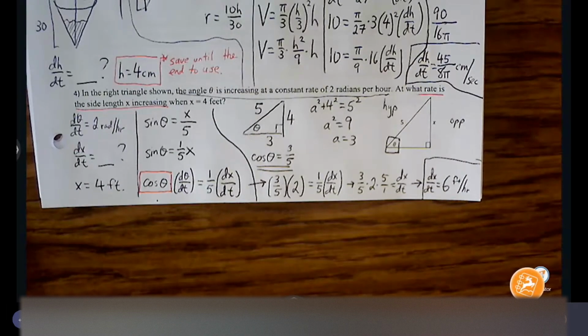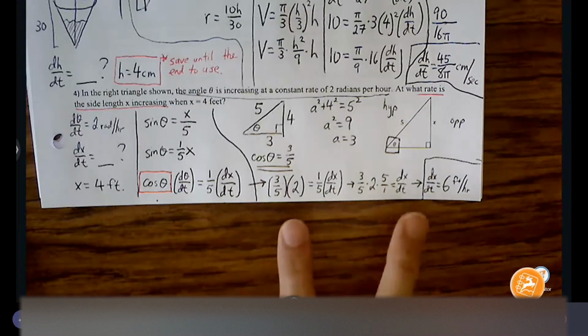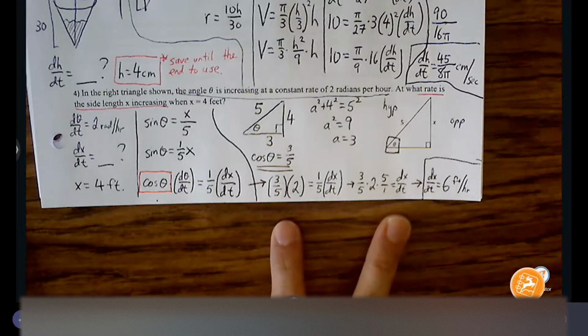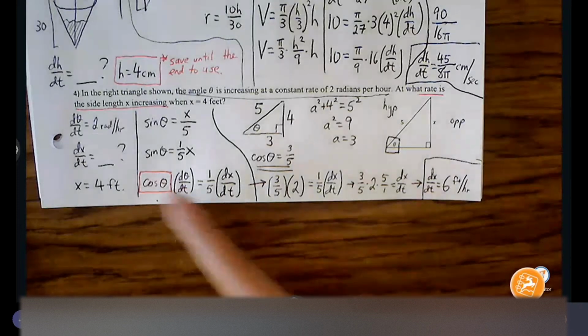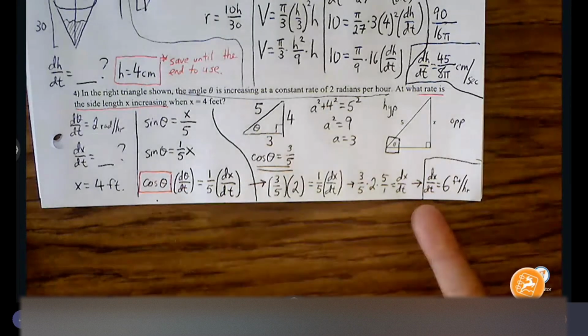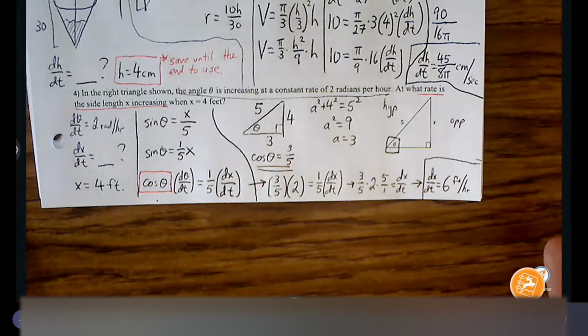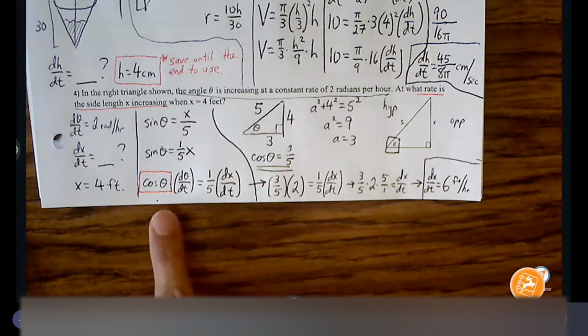Any questions? Could you also do it like, you have the 4 and the 5, and then you use cosine, and then you find the angle? You can do that. I would say though that if you see this problem, it's usually part of a non-calculator section. It's already a Pythagorean triple.